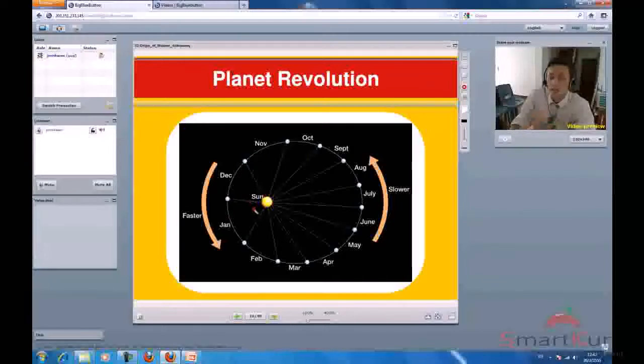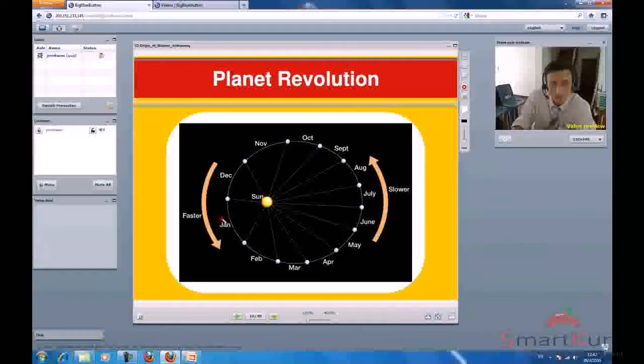And notice that when the Earth is farthest from the sun, over here on the right, it's moving very slowly. But as it gets closer to the sun over here, it moves faster.